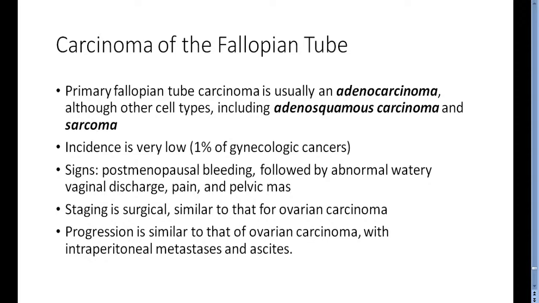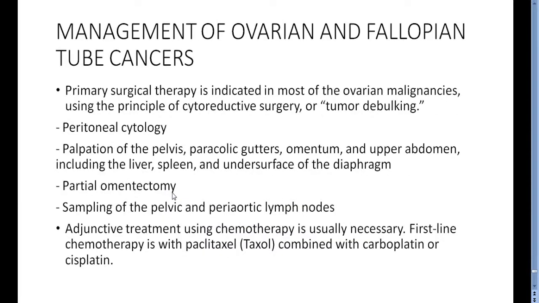So it is very difficult to distinguish between adenocarcinoma of the fallopian tubes and, for example, cystic adenocarcinoma of the ovary. So staging is very important, surgical staging. And sometimes carcinoma of the fallopian tube can be found only during surgery for adnexal tumors.